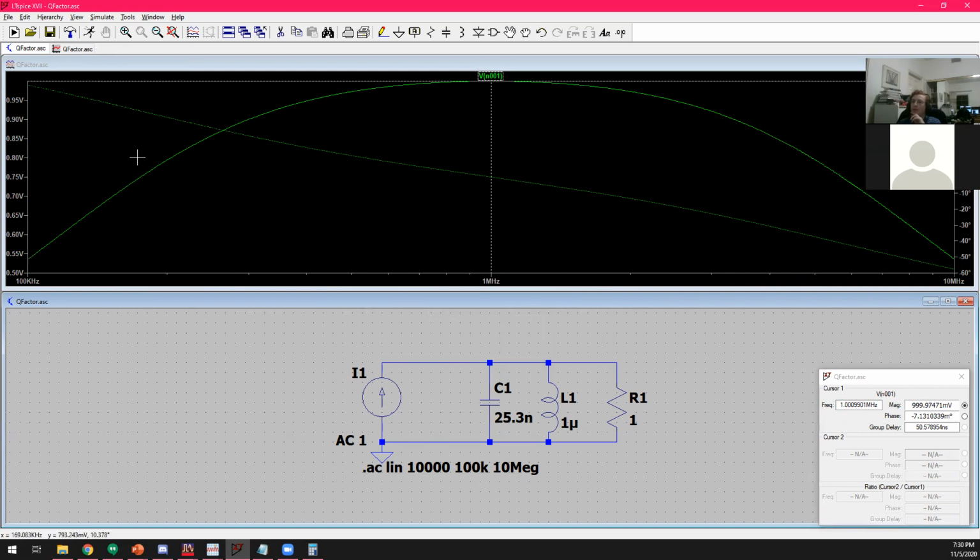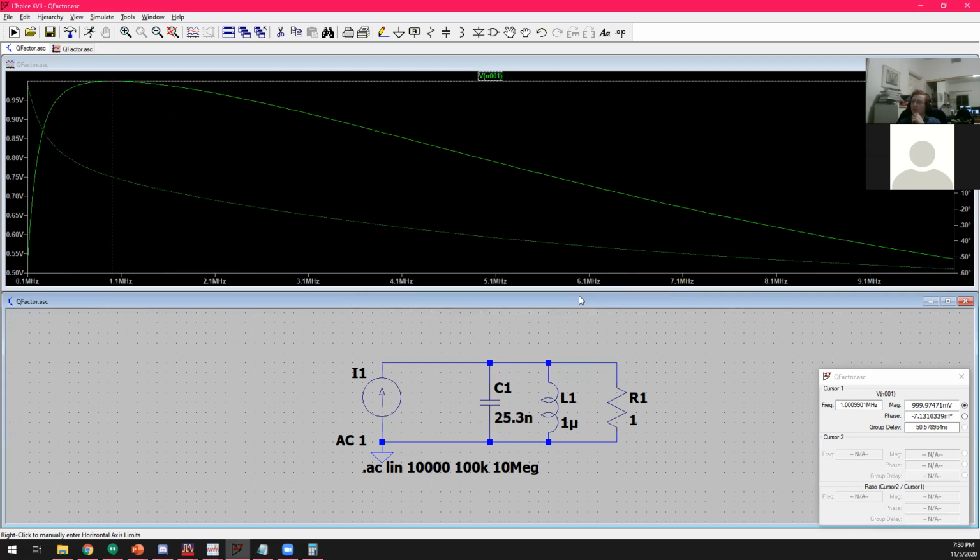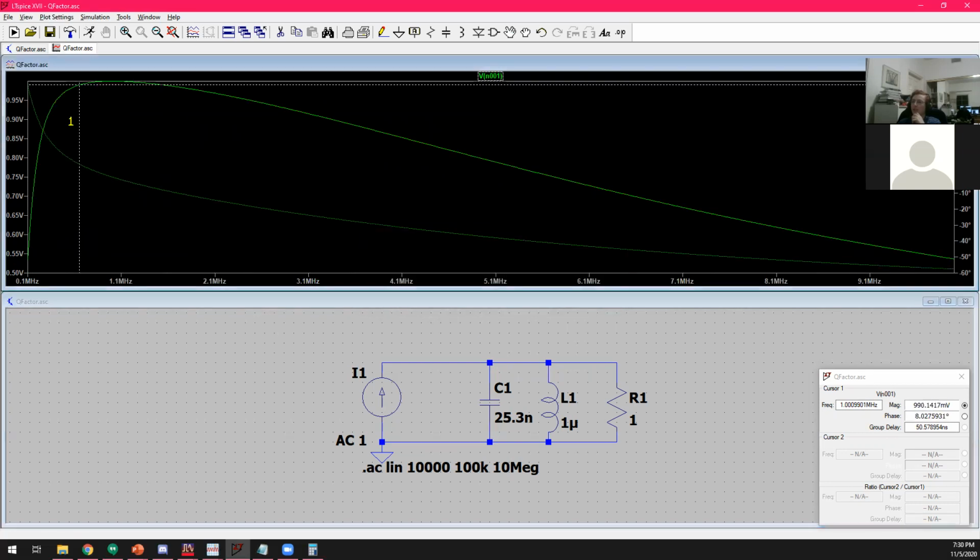So notice how smooth the rise and fall of this voltage is. You can think of it as the bandwidth. The bandwidth of this rise and fall is pretty large. But if I go back to linear scale here, you can see this voltage reaches the minus 3 dB point.